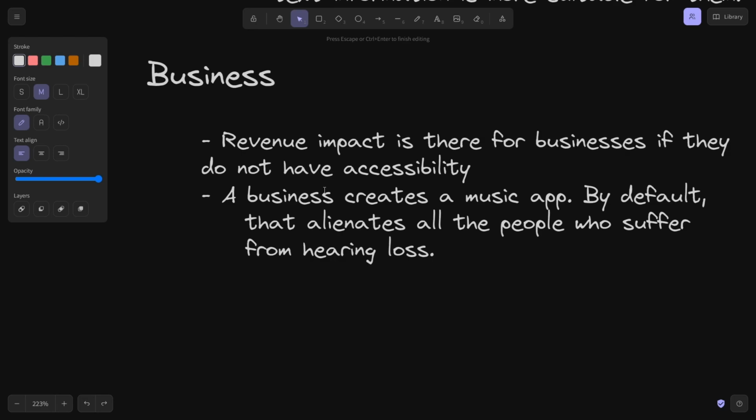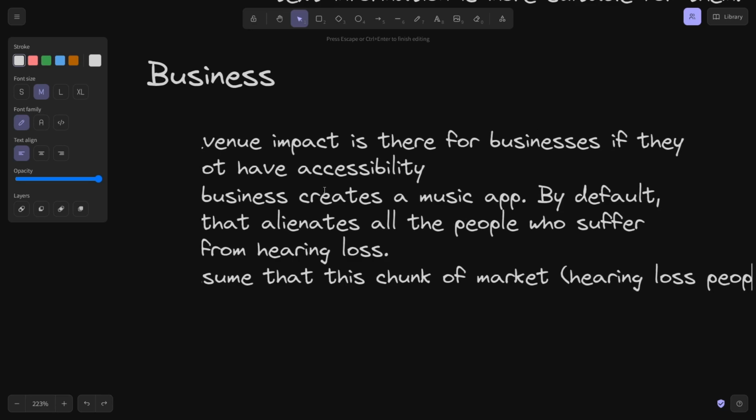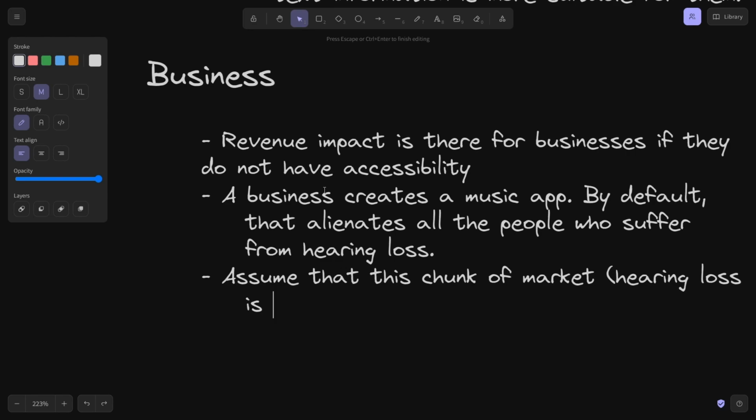Now imagine this, assume that this chunk of market, in our example it's, let's say, hearing loss people, is equal to $490 billion, then that means that is the amount of market loss in terms of opportunity cost a business is taking.